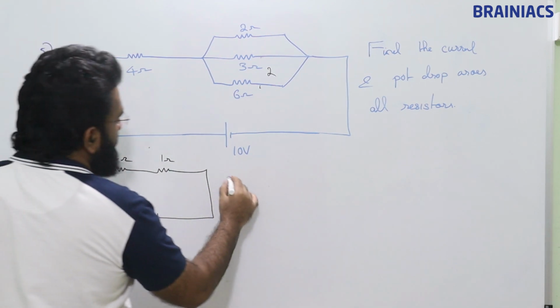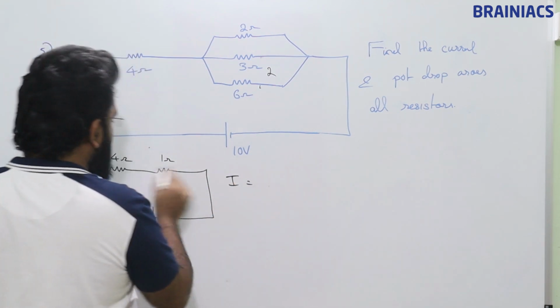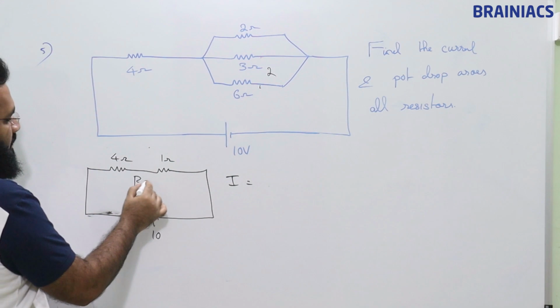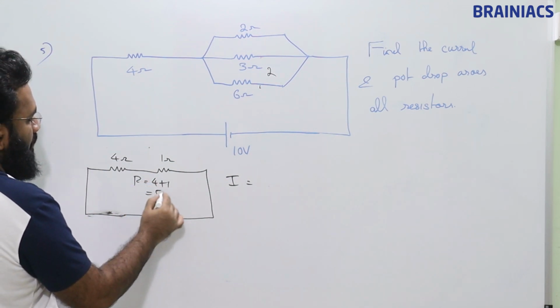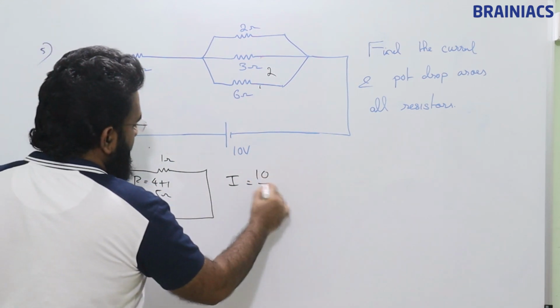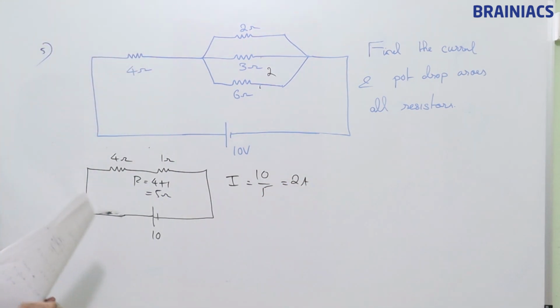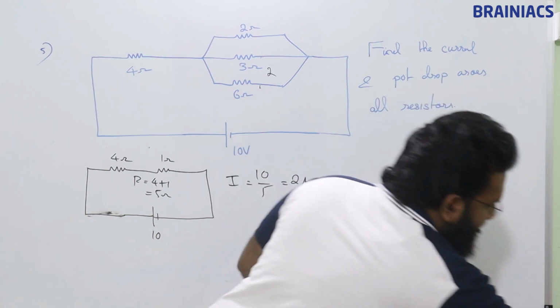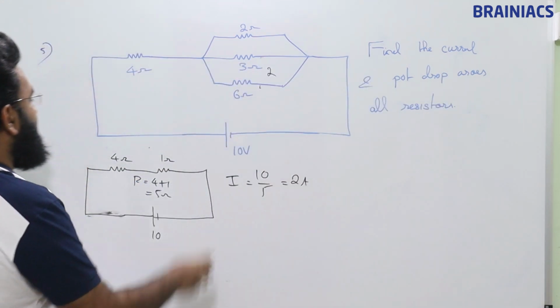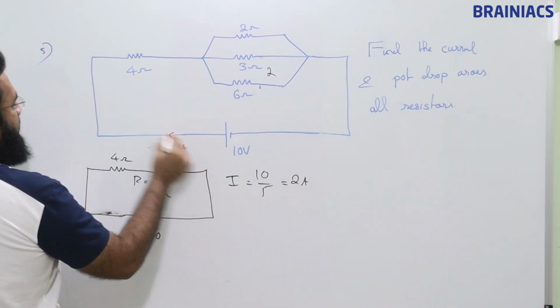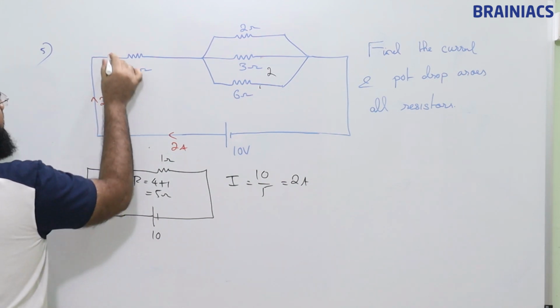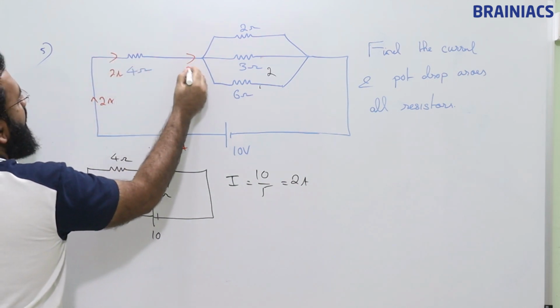So I is equal to what? I is equal to 10 by 5, where R is equal to 4 plus 1, that is 5 ohm. So 10 by 5 is equal to 2 ampere. So 2 ampere will be generated from here.